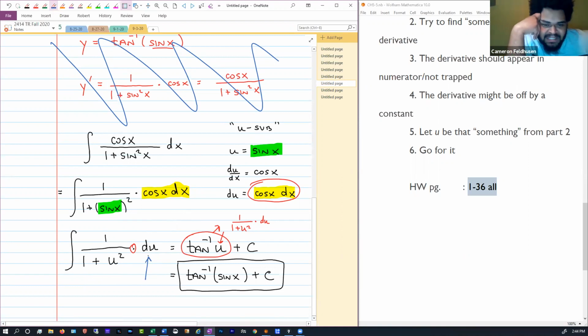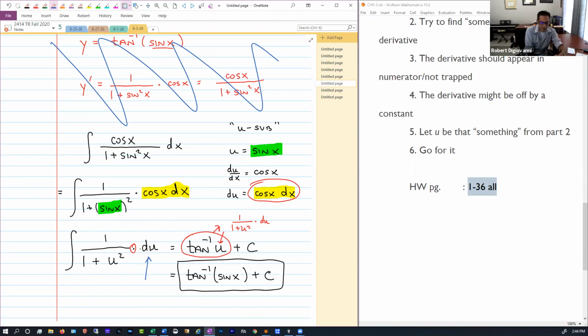But du is actually not just a 1. It's actually this. When we take the derivative of this, the first thing that happens is the 1 over 1 plus this thing squared. But then you have to do chain rule. When you take the derivative of the sine x, that's where you get the cosine x dx from.